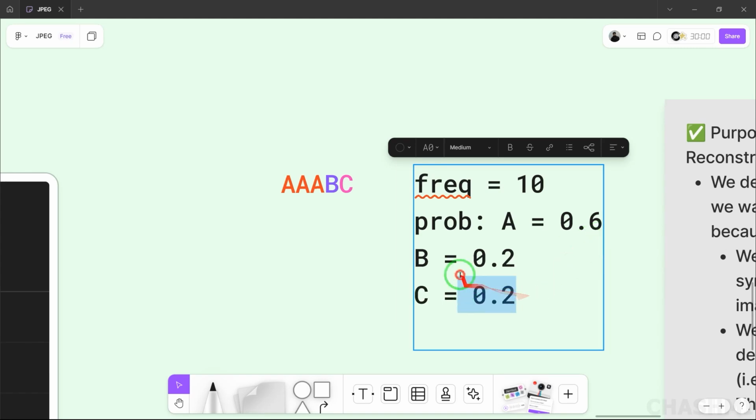I consider the probability like this because the sum of the probabilities must be 1. So as you sum these, that would be 1.